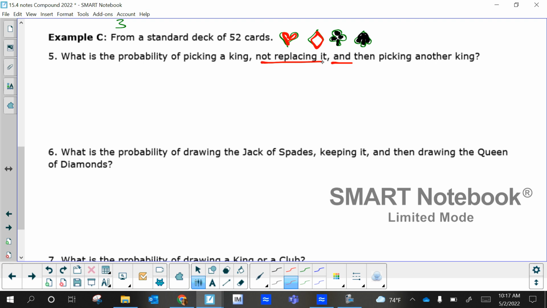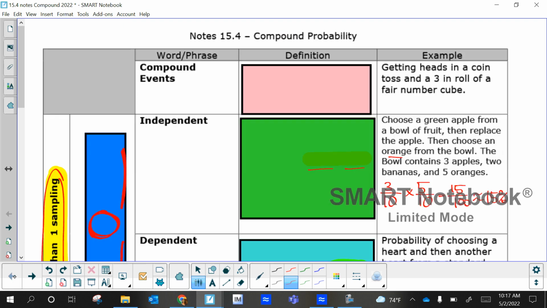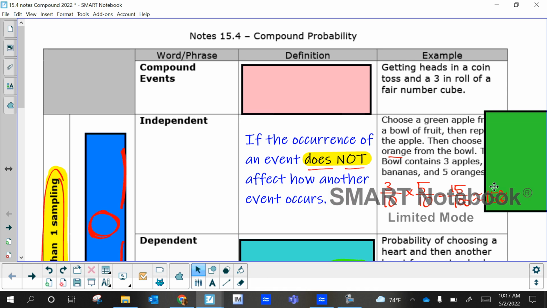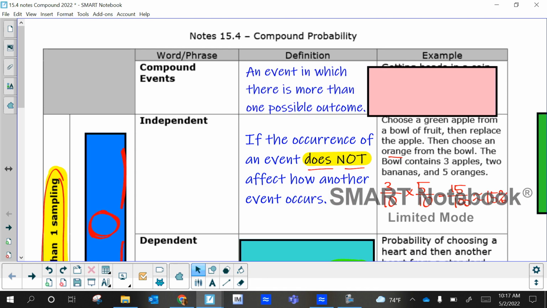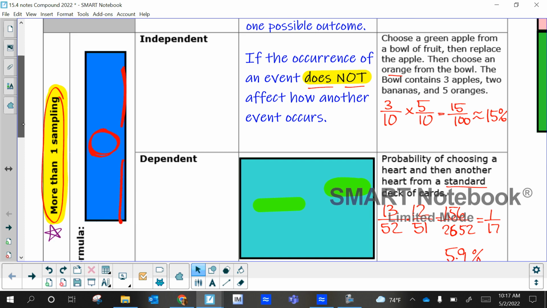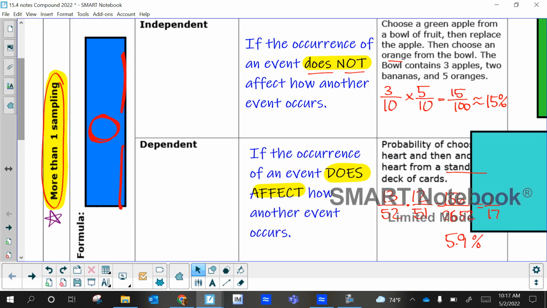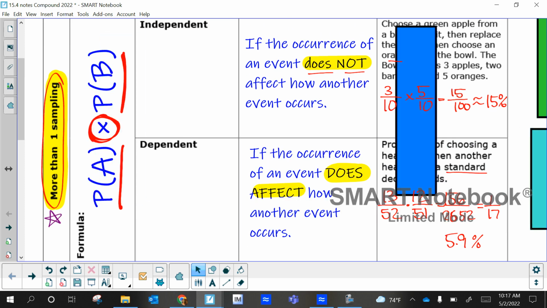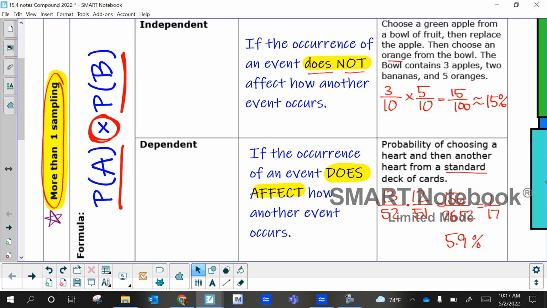Let me remind you, I'm going back to the one between these two. The second one is dependent, it does affect the other event.